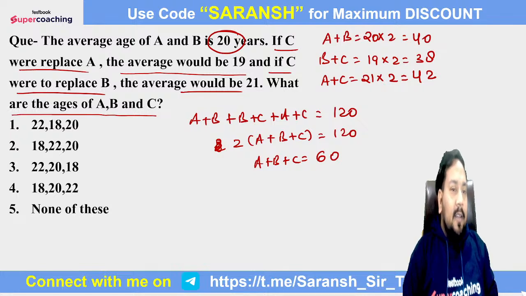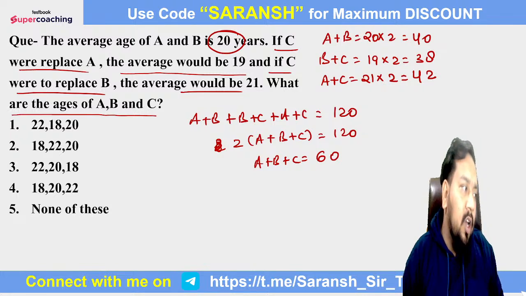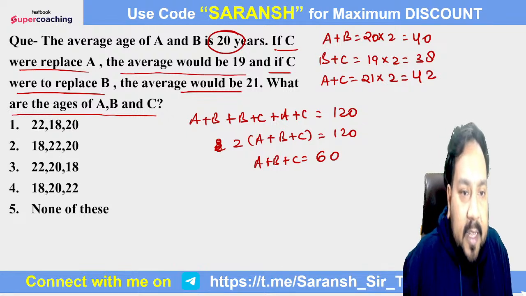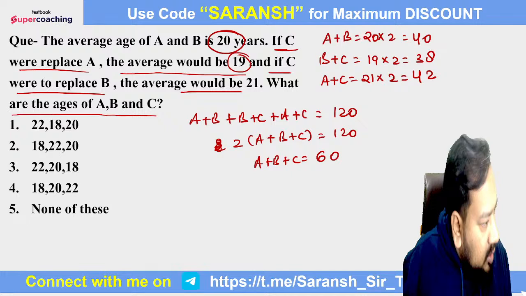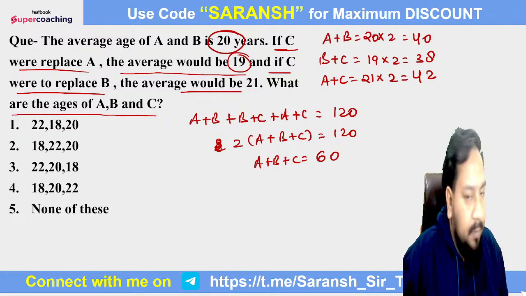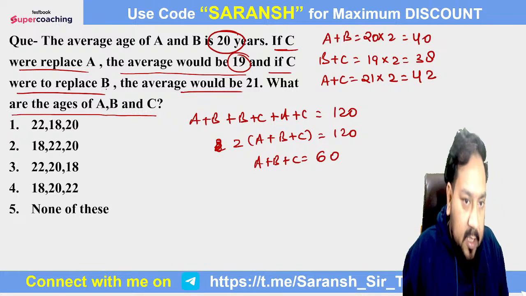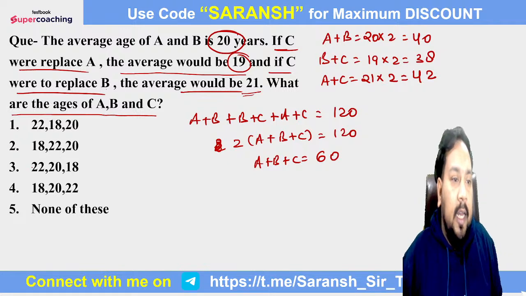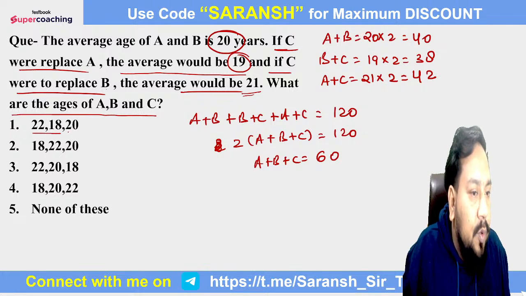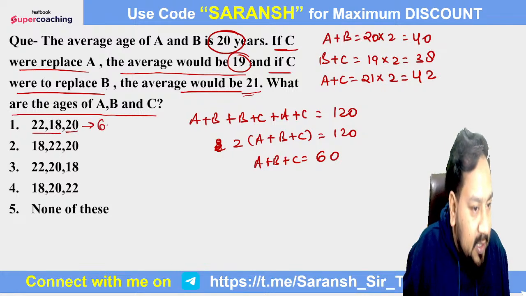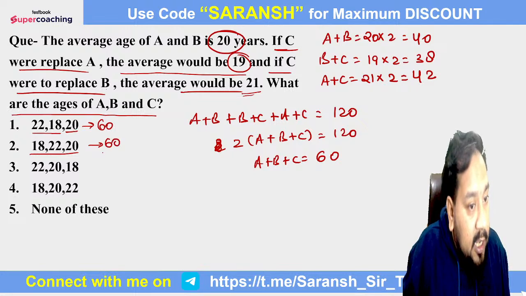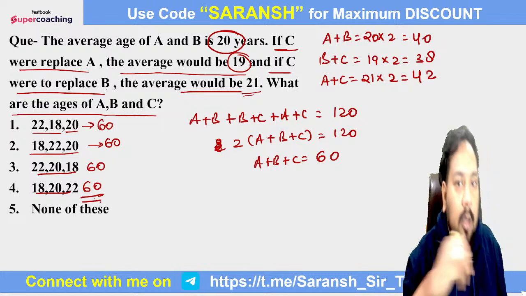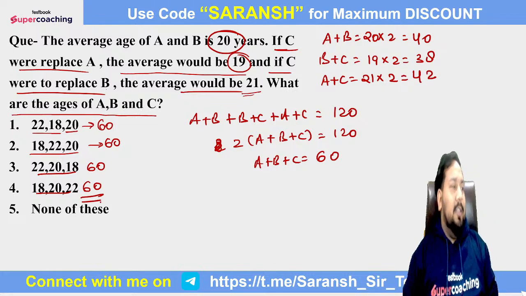Now tell me, how will you use your logic? It is clearly mentioned. If C replaces A, the average is decreasing. It means C has a smaller number.